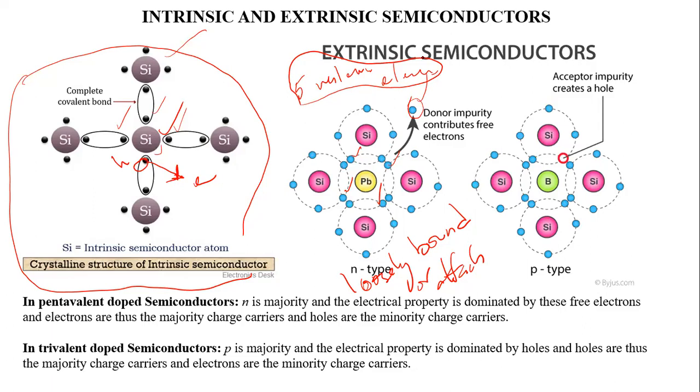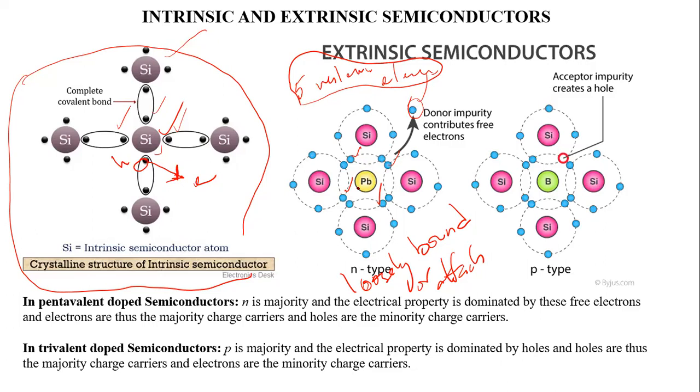So by doping, that is, by replacing one of the silicon atoms with one pentavalent atom like lead, we now have one free electron. If you insert 1000 lead atoms, you will get 1000 free electrons.